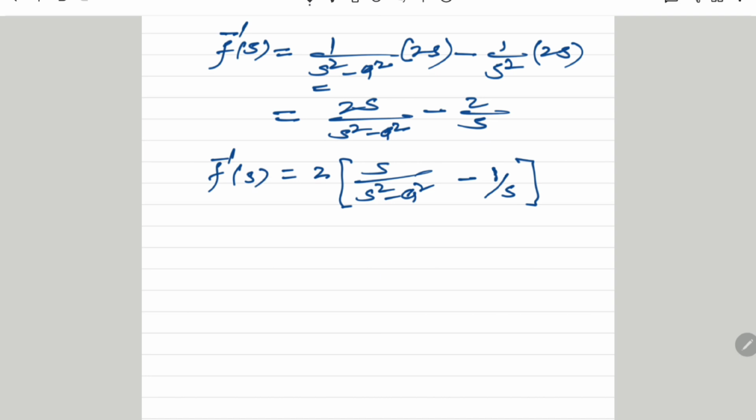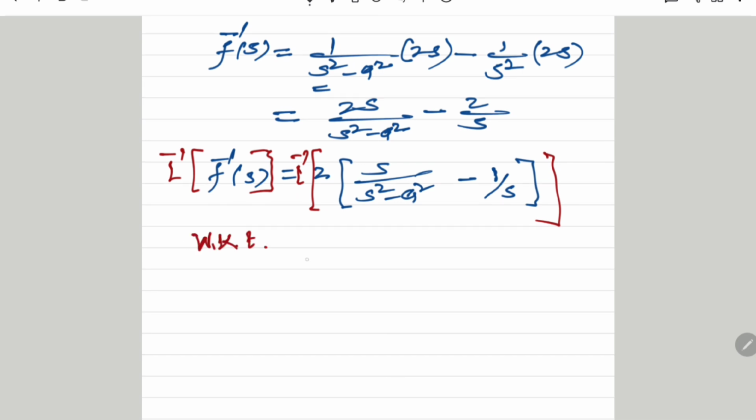Next step is taking inverse on both sides. Inverse Laplace of the left hand side, inverse Laplace of the right hand side terms. To obtain this, we use one theorem: inverse Laplace of f dash of s is minus t into f of t.